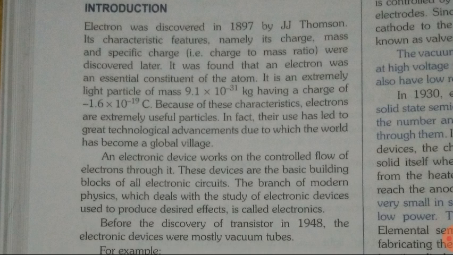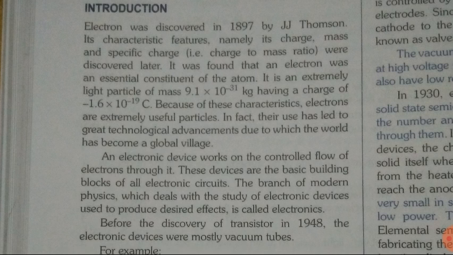Okay, so the electron was discovered in 1897 by J.J. Thomson. Its characteristic features, namely its charge, mass, and specific charge, were all discovered later. Specific charge is the charge to mass ratio, e upon m. It was found that an electron was an essential constituent of the atom.